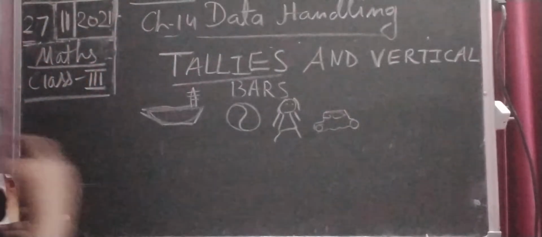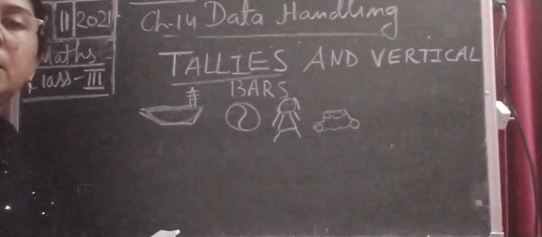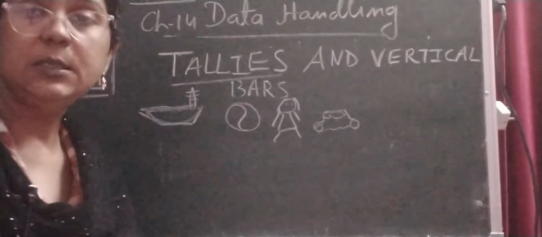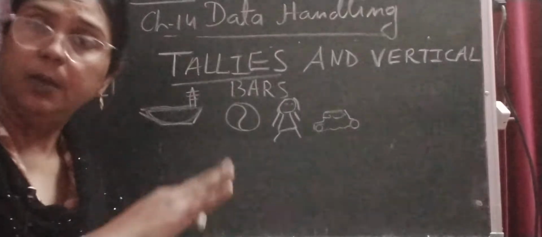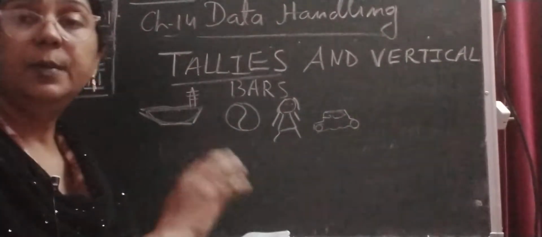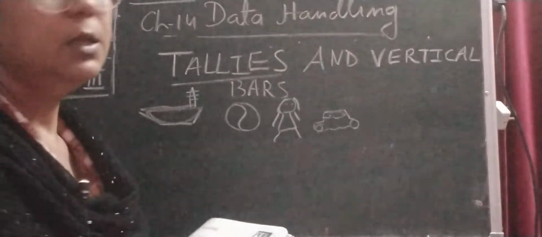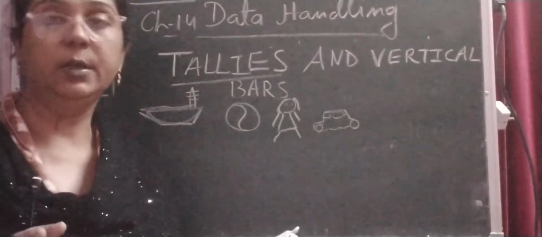The car is there. Suppose these 4 types of toys are there in the box, but we are not specifying the number. So Sumit wants to count.